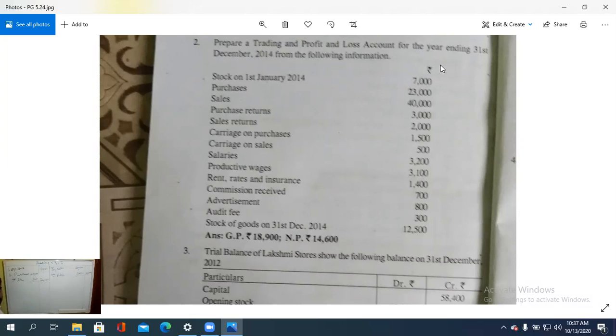So carriage on purchases, how much? To carriage on purchases, that is 1,500. Then next item, anything coming in here? By closing stock, it is 12,500. Then we will take the gross profit.